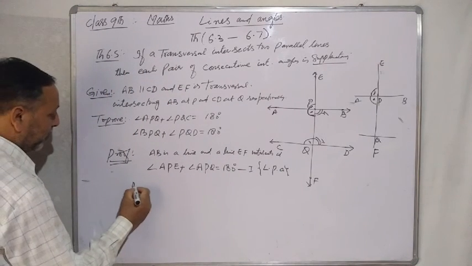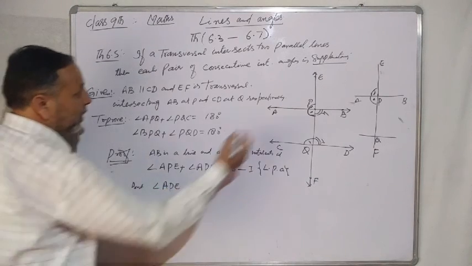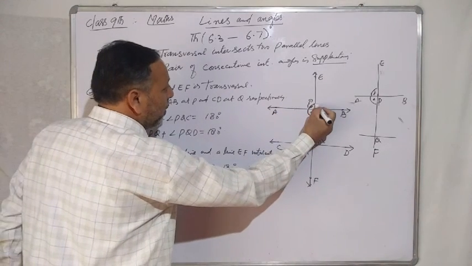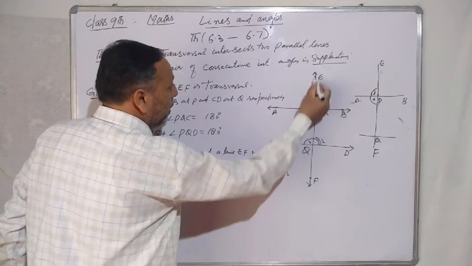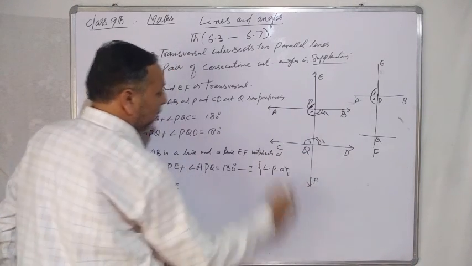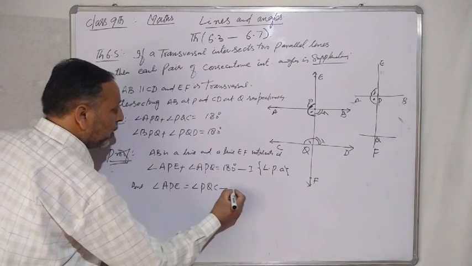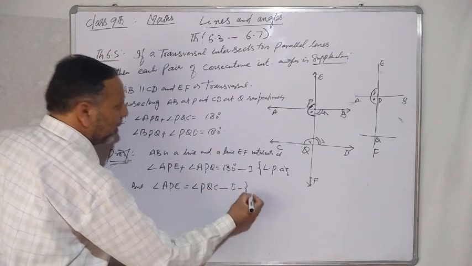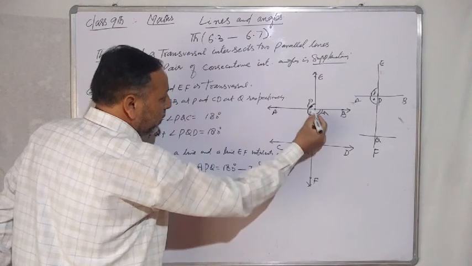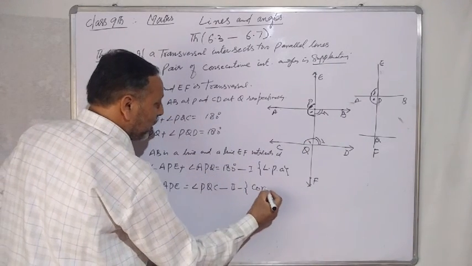But angle APE is equal to angle PQC. Keep this as second. Angle APE is equal to angle PQC. These are corresponding angles.